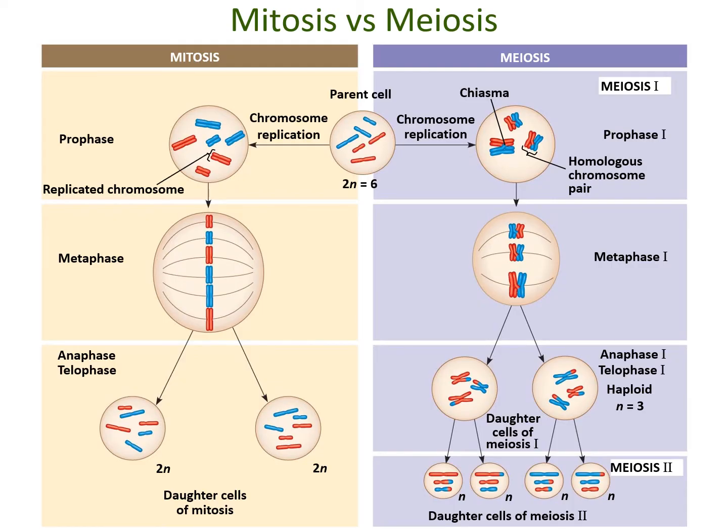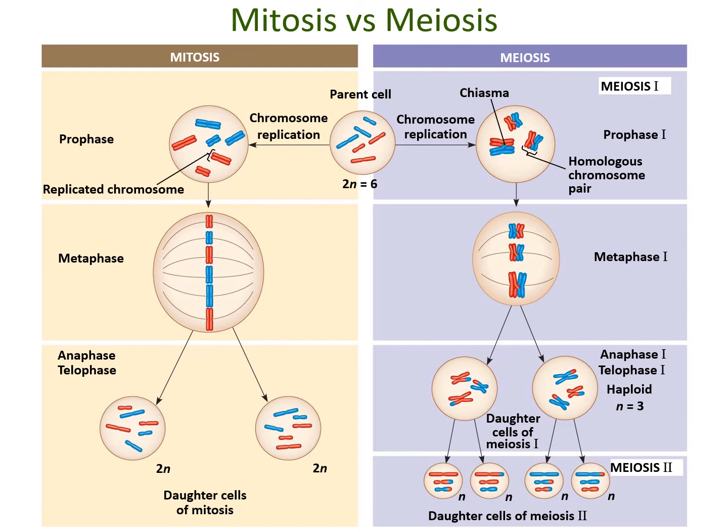I'm hoping at this point that you are familiar with mitosis and meiosis. If not, make sure you take some time to review them, because you can expect to see some questions about this on the exam. So what we've got here is a hypothetical animal that has diploid cells with 6 chromosomes.